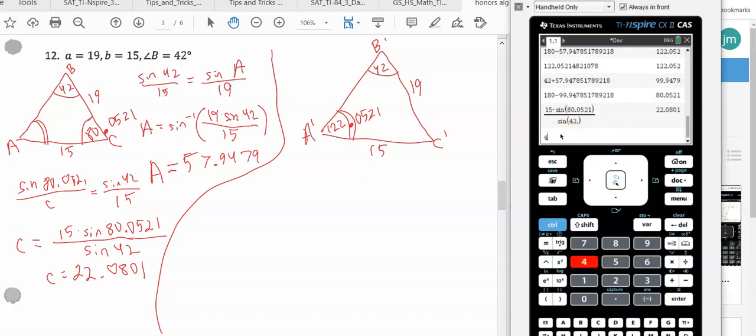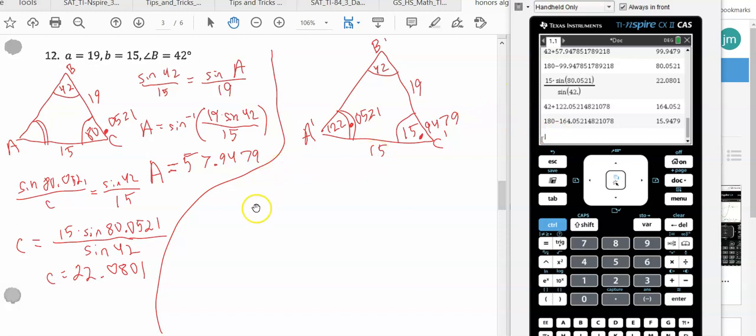So let's add up the 42 plus the 122. 180 minus that is, so that's going to be 15.9479 for that angle.